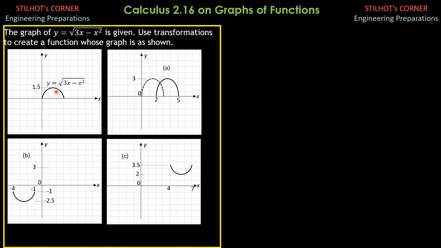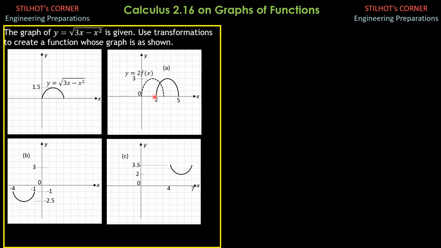It's like we stretch the graph of f of x by a factor of 2. So from 1.5 it becomes 3. So this is y equals 2 times f of x. Then from this position we translate it 2 units to the right. So it becomes y equals 2 times f of quantity x minus 2.